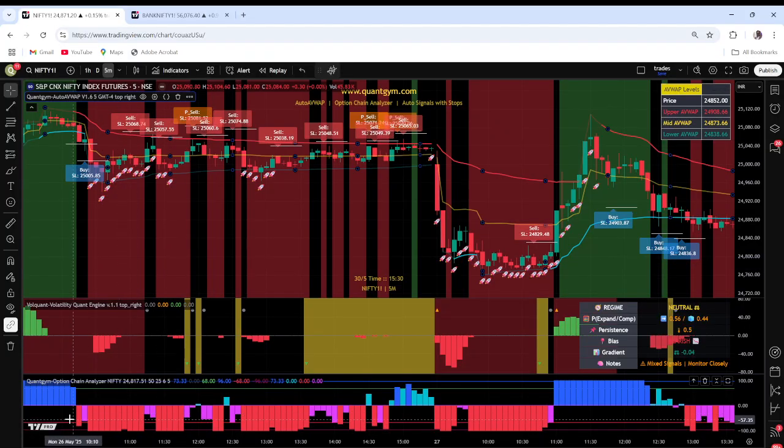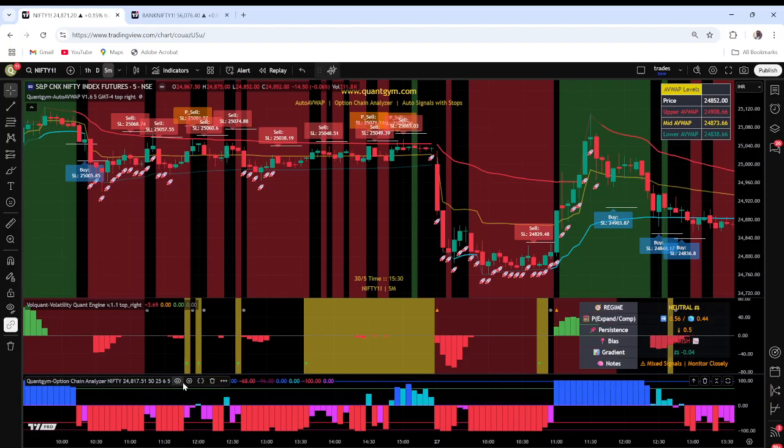The OCA which I'm using in the bottom is basically the OCA of 5th June expiry, because TradingView has this habit that once the expiry is over, that particular option chain data is kicked out. So if you try to see the 29th May expiry, you will not find that data on TradingView.